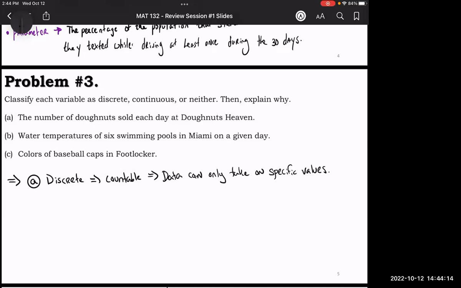What is that called? What are you doing? You're counting each? We're not counting, you're measuring. That's right. That's correct. Part B, we say that it's continuous because it's uncountable, right?